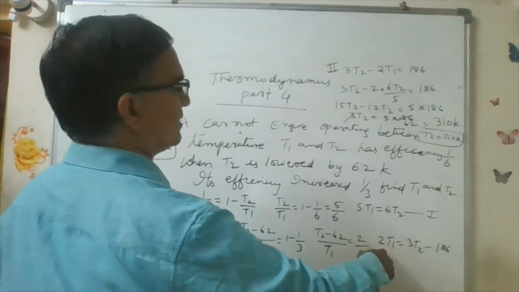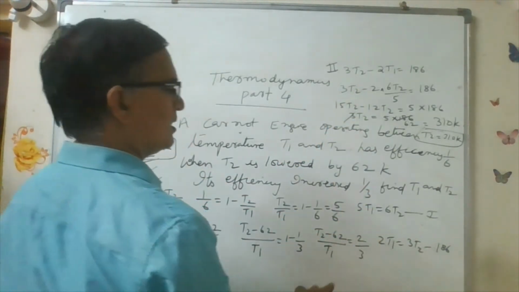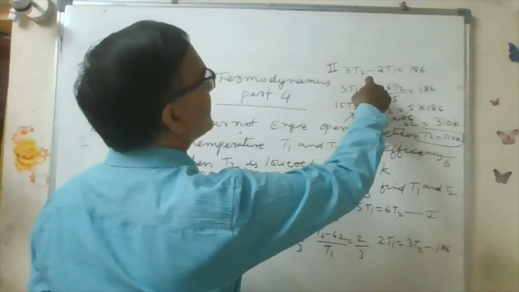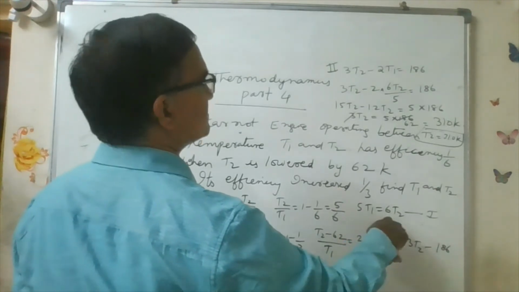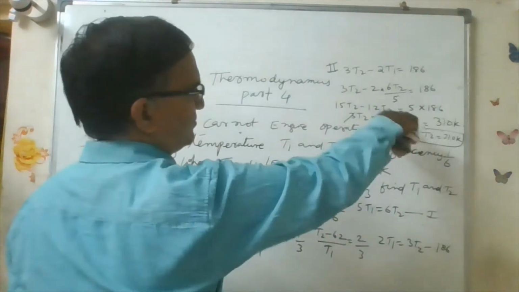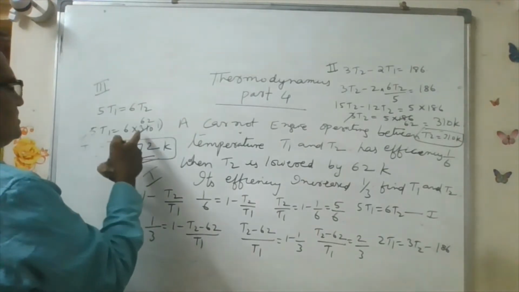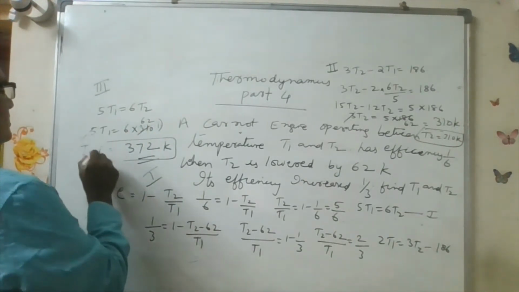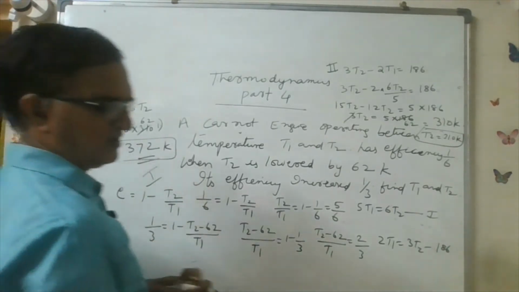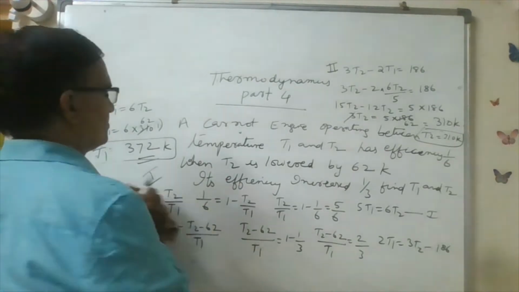This second equation I used here. Then I substituted T1 and simplified. Then 5T1 is equal to 6 into 310, and you got 372. Okay, this is the problem.